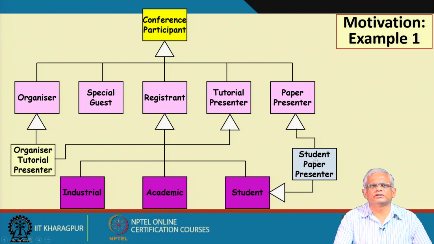We also found that the organizer can also be permitted to present tutorials, and therefore, we created this class organizer tutorial presenter, who is both a tutorial presenter and an organizer.